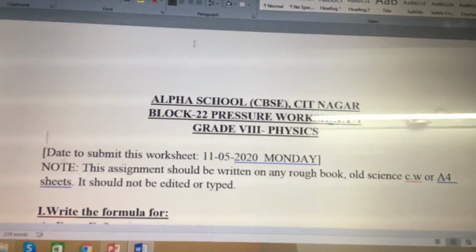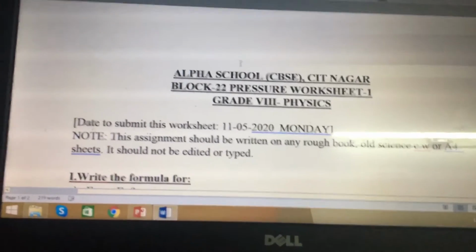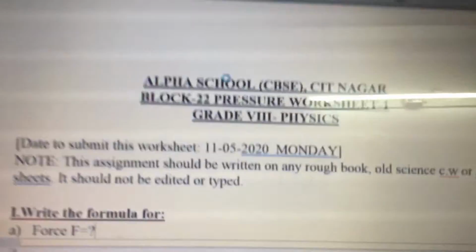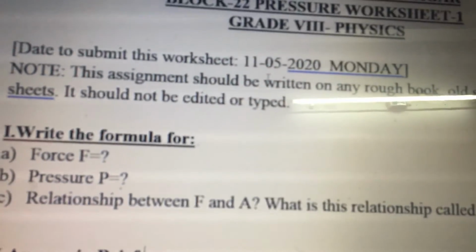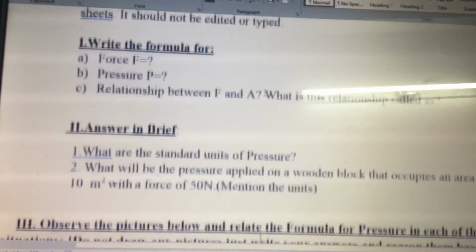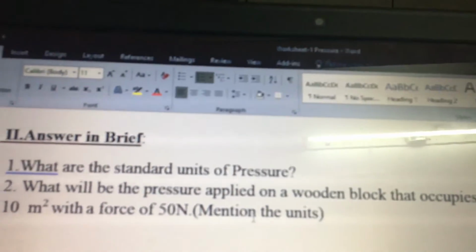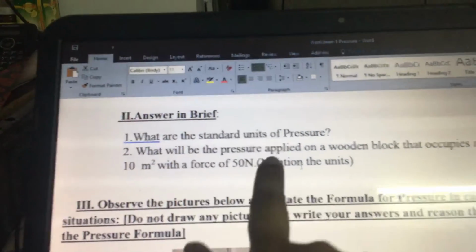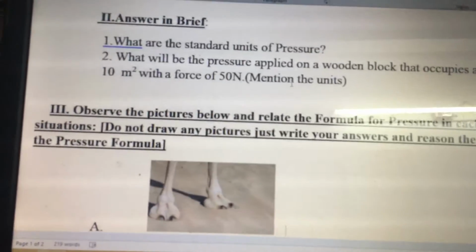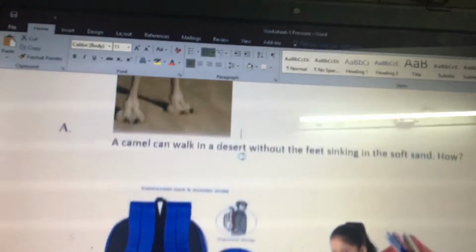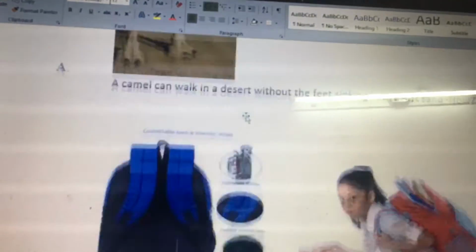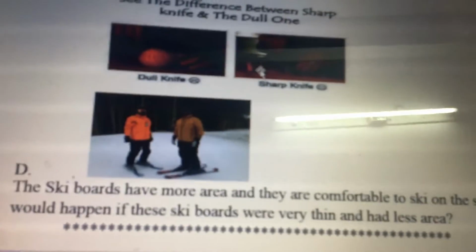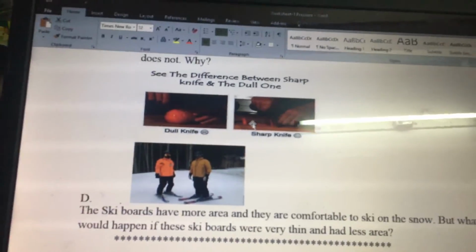Just very simple, children, whatever I have already taught: the formula for pressure, the relationship between force and pressure, and the units, and a simple problem where you just have to apply that formula. And for the examples which I have discussed, one example I will discuss how to write. You only have to write the reason. You do not have to draw the pictures.